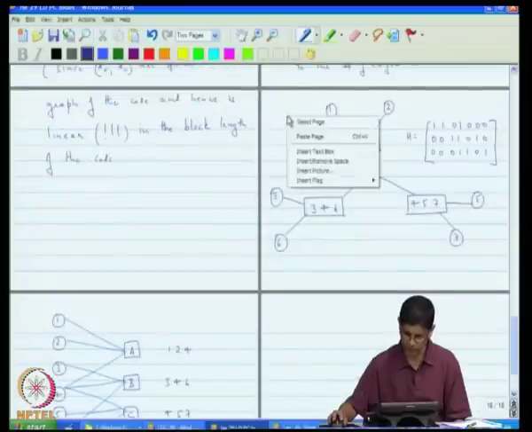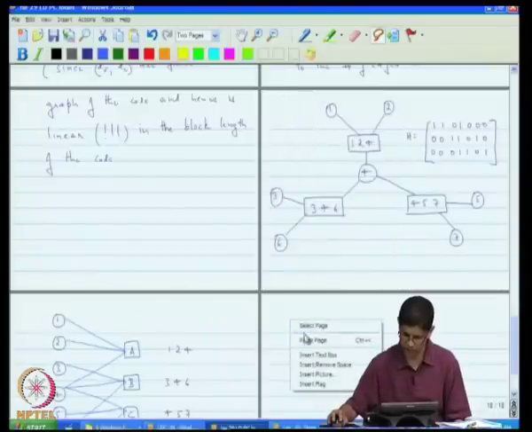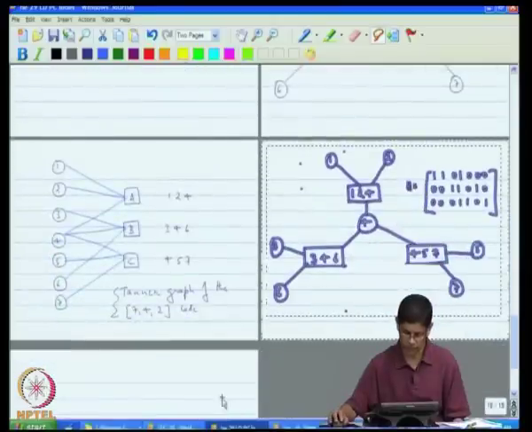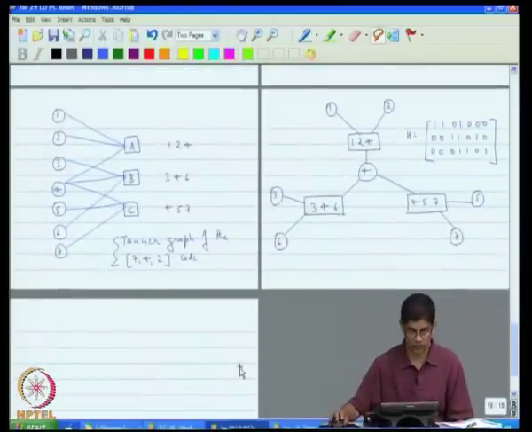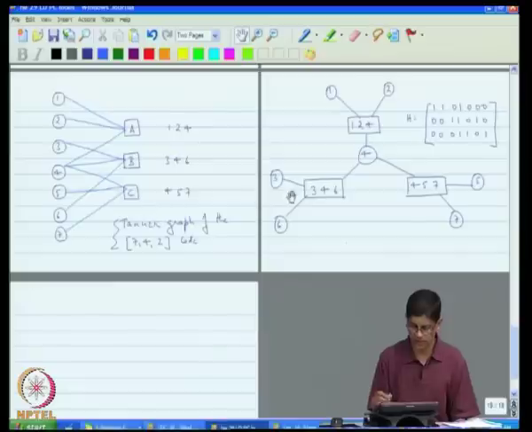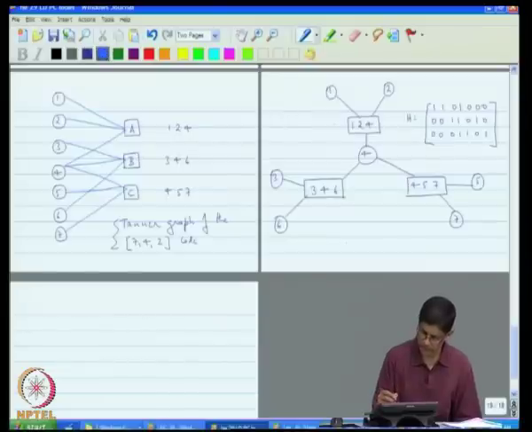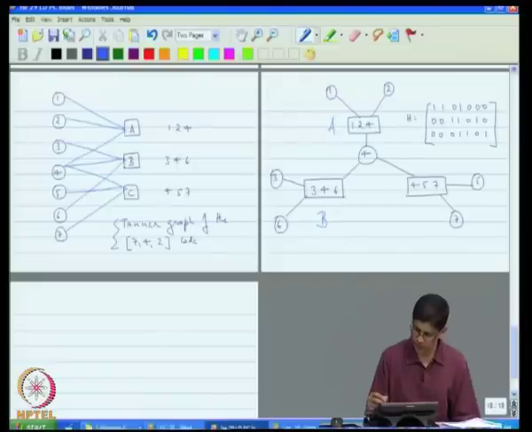Perhaps if I copy this page, that might happen. Okay, here we go. Here you can see the 2 graphs side by side, and you can interpret this as a redrawing, because 1, 2, 4 is A, 3, 4, 6 is B, and 4, 5, 7 is C. Let us write here A, B and C.